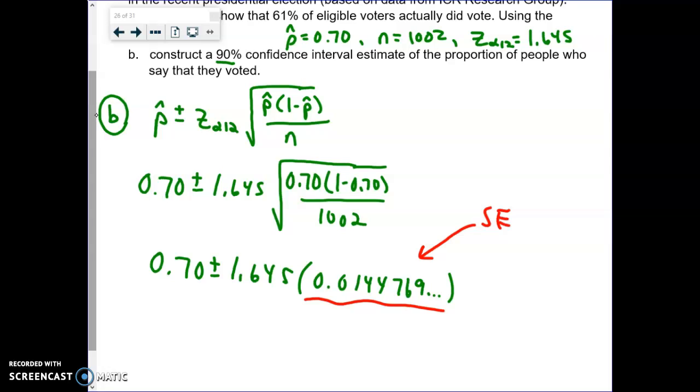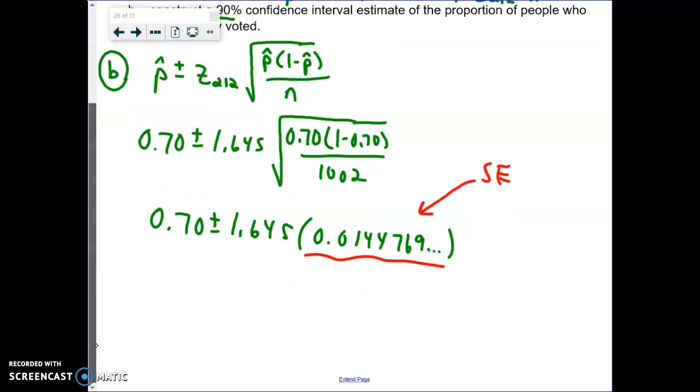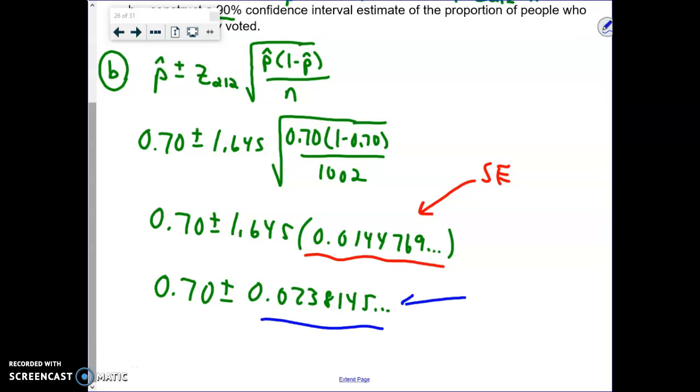And then if you take that times your 1.645, your critical value, you would get 0.0238145. And that right there is, if we were asked to find it, your margin of error.